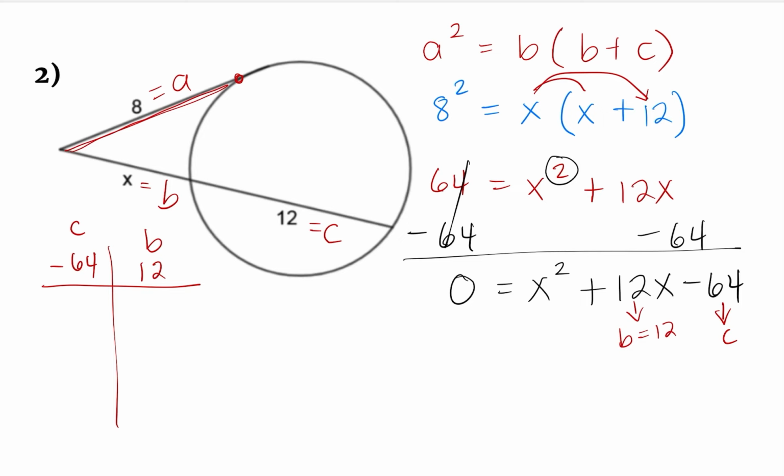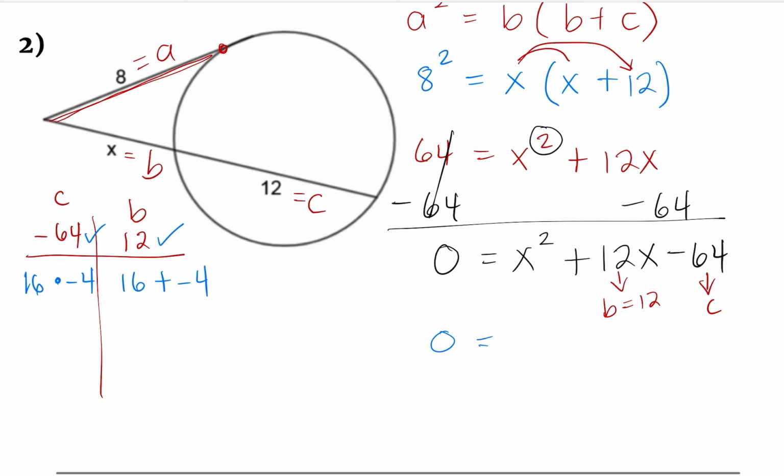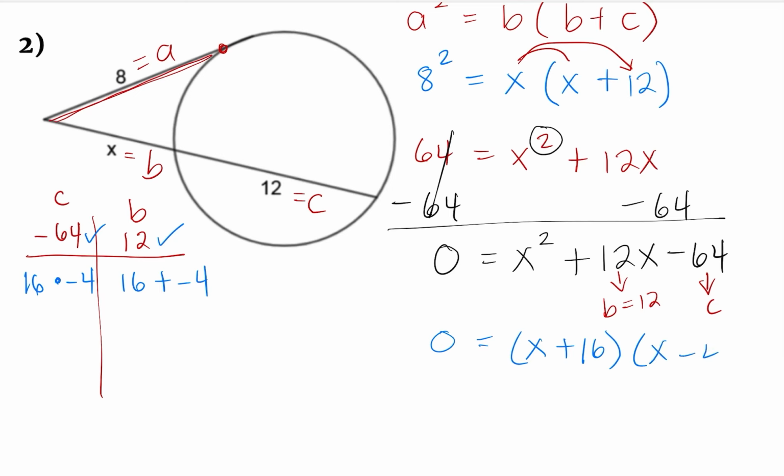So I believe that should be 16 times negative 4. If we multiply 16 times negative 4, that should give us negative 64. Adding 16 plus negative 4, that will give us positive 12. So it checks both boxes. So therefore, our factors are x plus 16 and x minus 4.